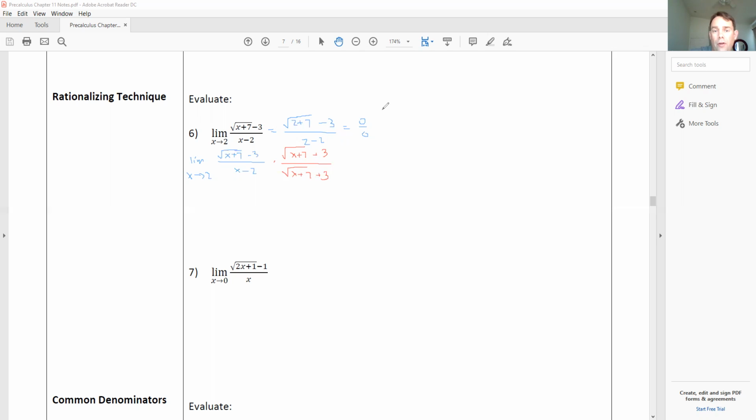So we plug it all in there. And then when we multiply it out here, I end up with square the first term, so that's x plus 7. Square the second term, 3 times 3 is 9, and put a minus in between. And when I do that here, I end up with x minus 2 times x plus 7 plus 3.